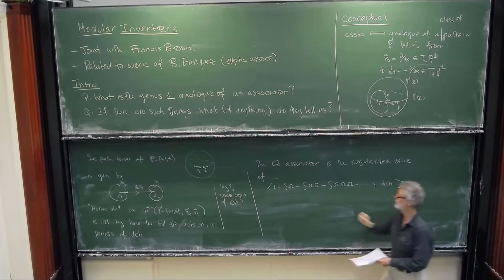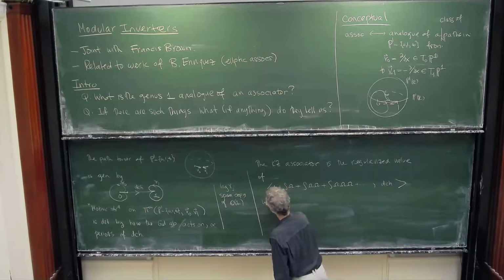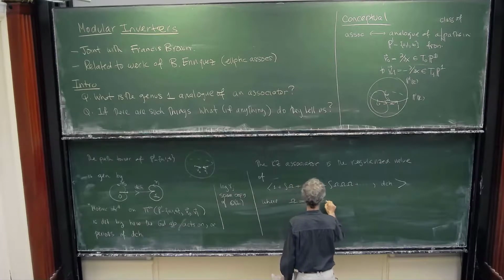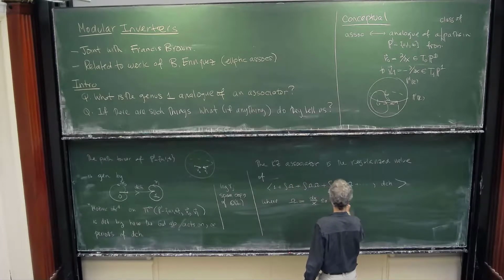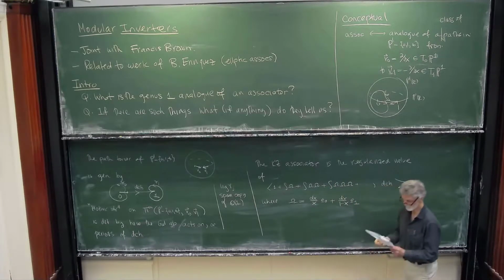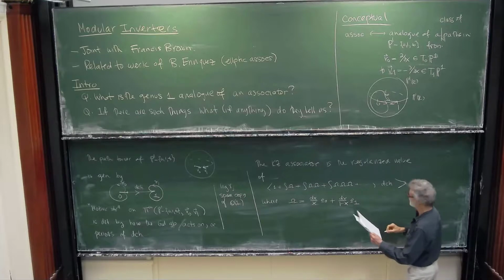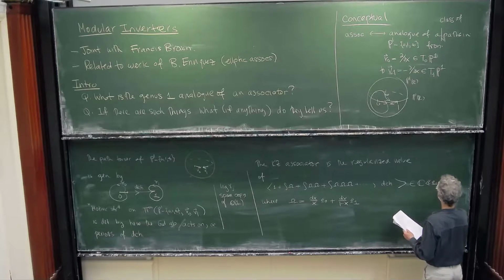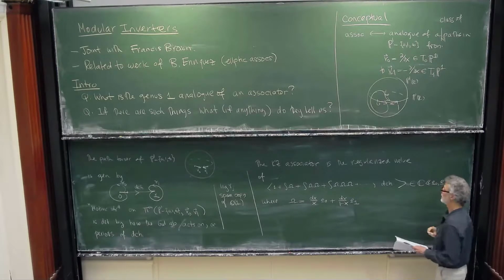I should say, where omega is equal to dx over x times E0 plus dx over 1 minus x times E1. So this lies inside C, power series in the non-commuting indeterminates E0 and E1.